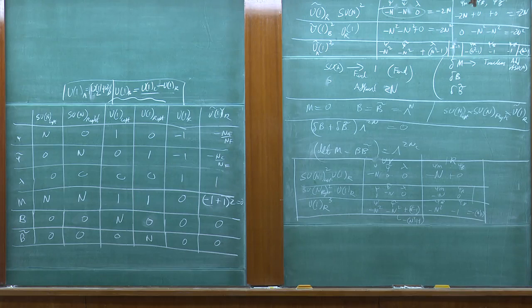Now, suppose instead we were looking at objects that were charged under a symmetry that were not points, but instead were lines.